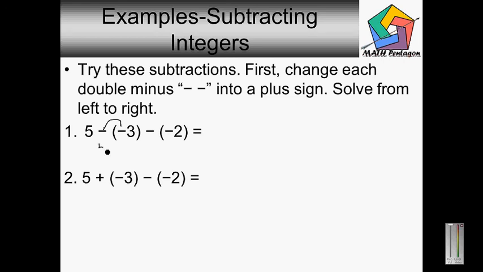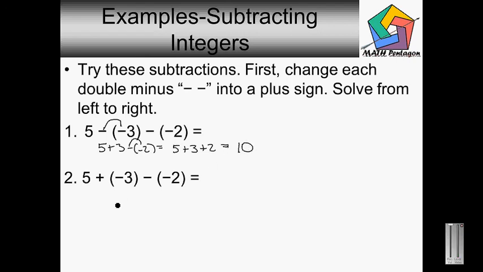So it would be 5 plus 3 minus -2. Once again, we have to distribute this subtraction and a negative and turn that into a positive sign. So it would be 5 plus 3 plus 2, and we would get 10 as our final answer.